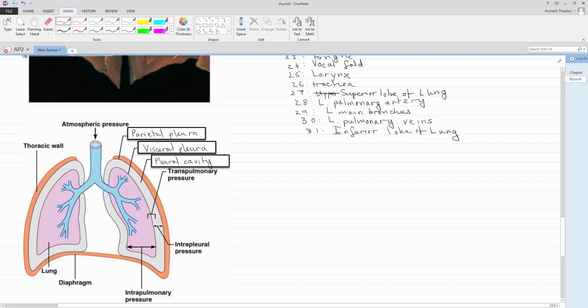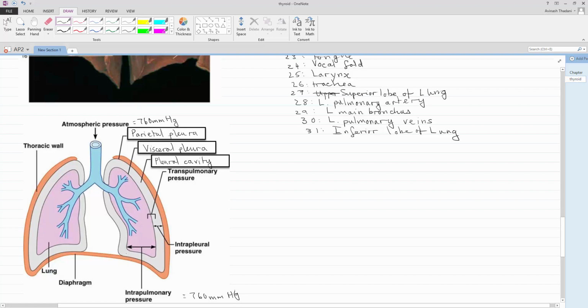You create a slight lowering of the intrapulmonary pressure, and that draws in air from the atmosphere into the lungs. Now, just before we exhale, the atmospheric pressure is equal to intrapulmonary pressure, and that's typically 760 millimeters of mercury, right? Because that's what atmospheric pressure is, 760 millimeters of mercury.